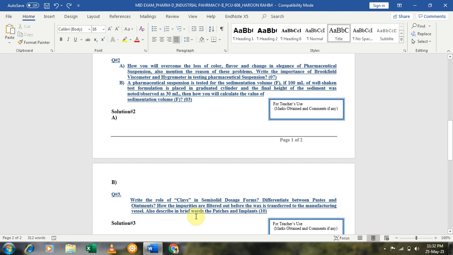How these impurities are filtered, you have to write the reason, the ways of the solution, and also describe in brief the patches and the plants, definition and the usage, example, and brief you can write these patches and plants.